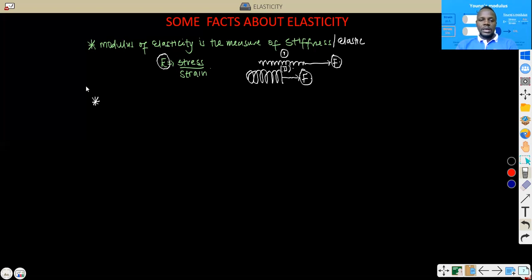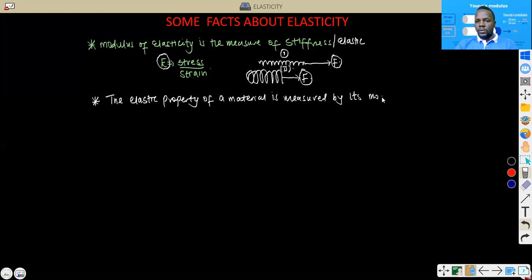For more understanding, please write: the elastic property of a material is measured by its modulus of elasticity.